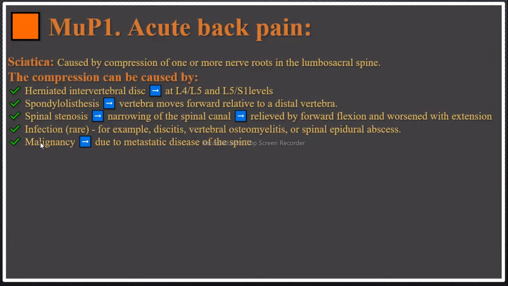What about malignancy? So if they mention the patient has constitutional symptoms and back pain, for example, the patient is 60 years old and he has low back pain, and he has weight loss, loss of appetite, night sweats, mild grade fever. So fever here may be infection or malignancy.